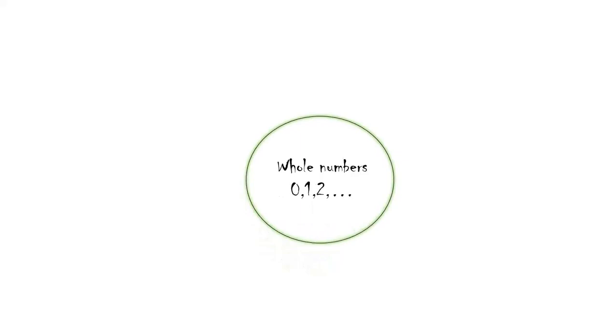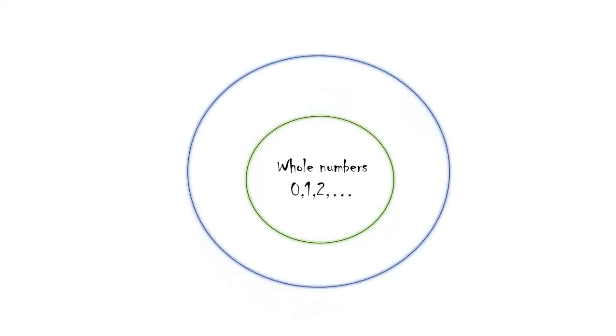The whole numbers are the positive numbers, no negative or decimal, just positive, like 0, 1, 2, and keep going forever. And we talked about integers. Integers include whole numbers and also the negative numbers, like you see, -1, -2, and so on.